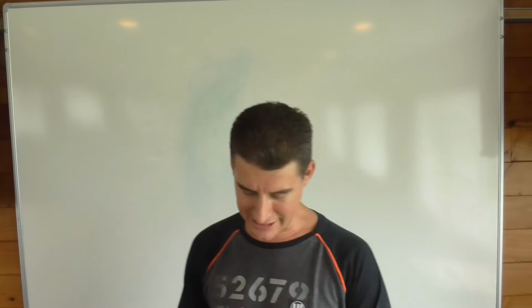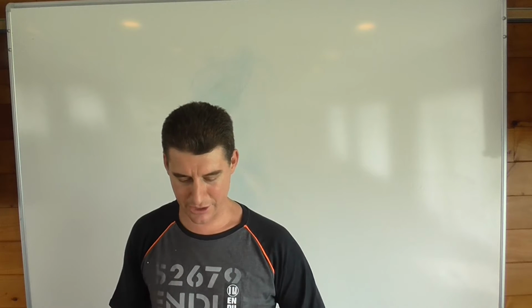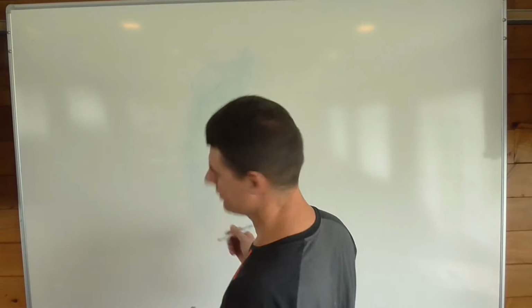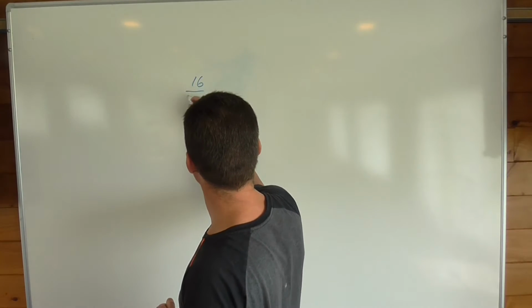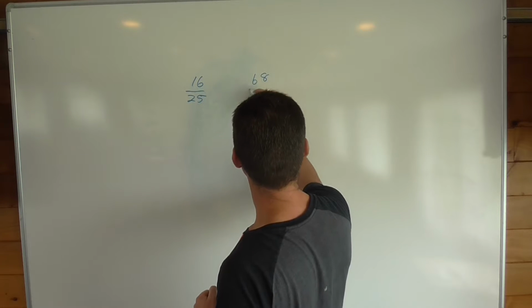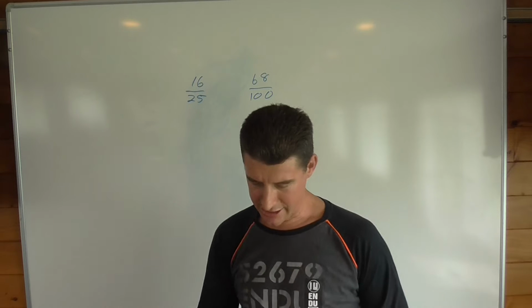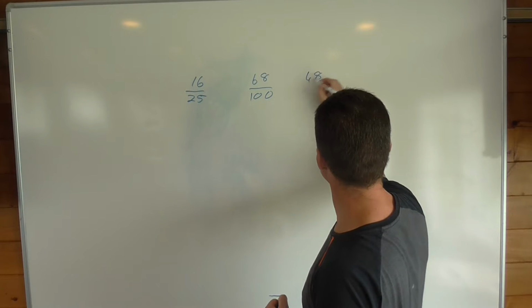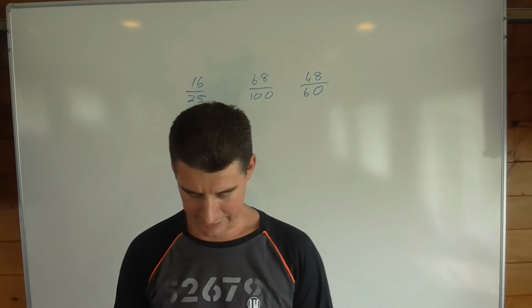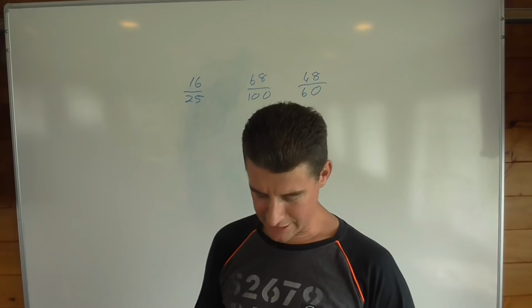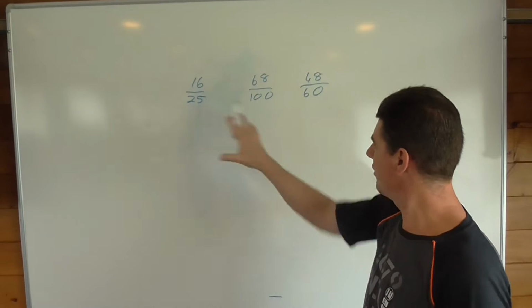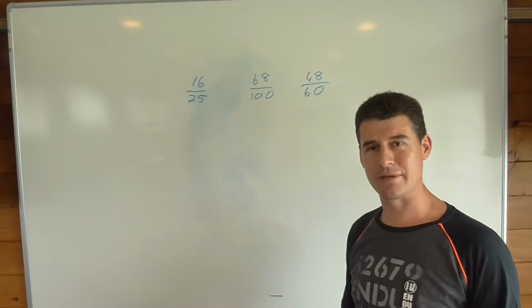It says here, a learner at the local college wrote 3 tests for a subject and received the following marks: 16 out of 25, 68 out of 100, and 48 out of 60. So first of all, if you need to calculate the percentages of these, what did we say before?